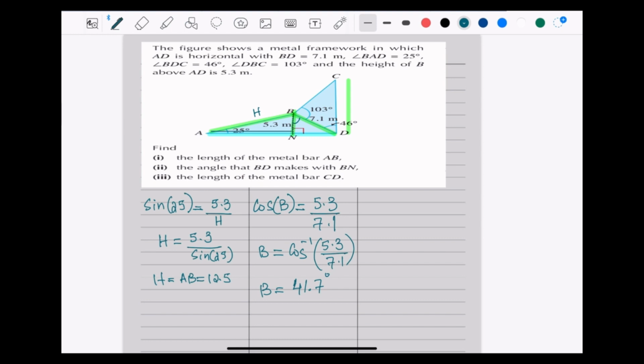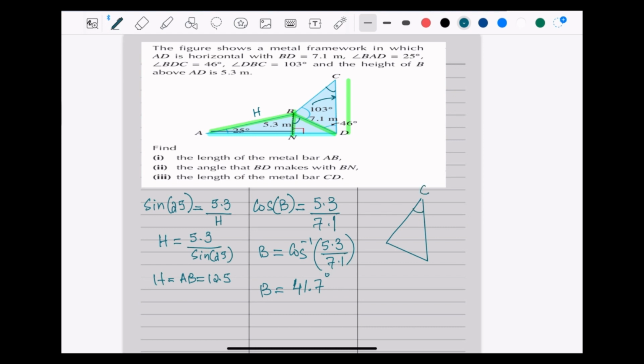As you could see, the angle 103, the opposite side to it is what you're to find, and the angle opposite to 7.1 is C. So if we can find out that angle, because we already have two angles, let me roughly draw this figure here.